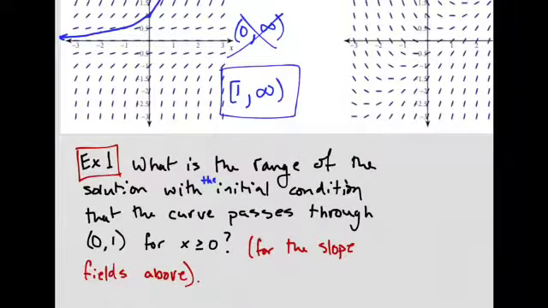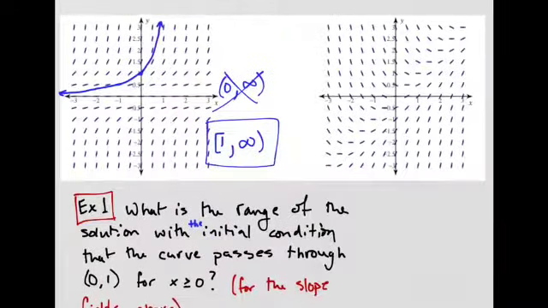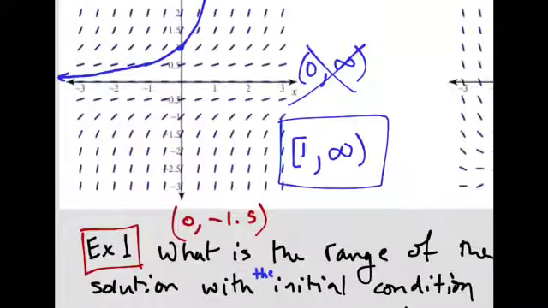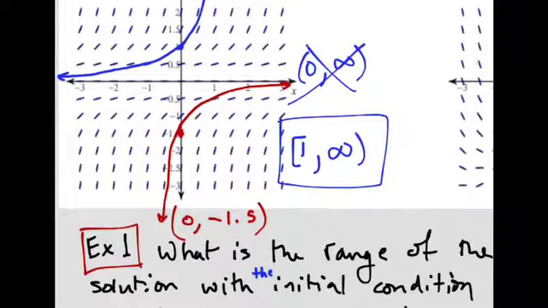So that's the range. Well, if I changed this point to something down here, if I said (0, -1.5), then that would be this curve, right? And it looks like I would have something that goes up, and then it gets closer to an asymptote, the x-axis.